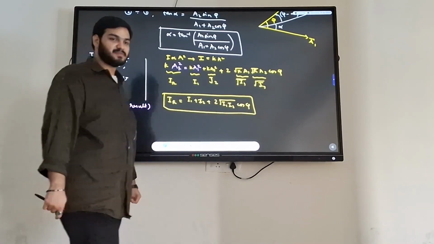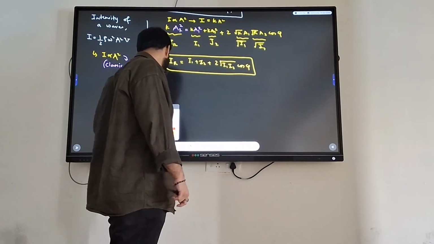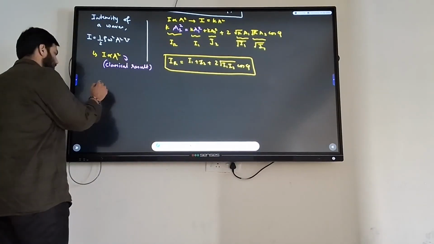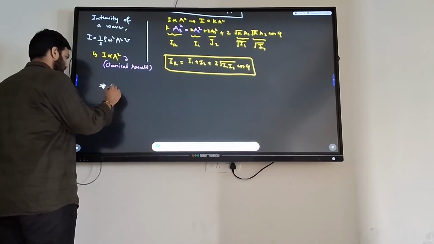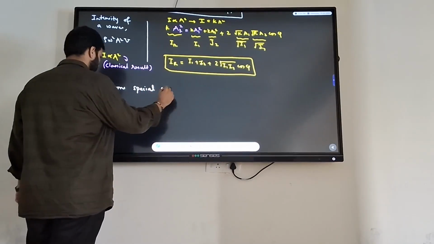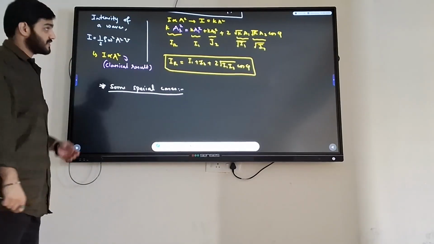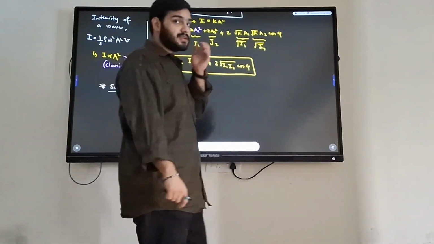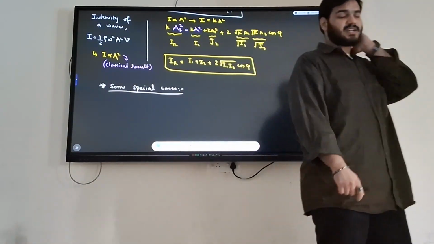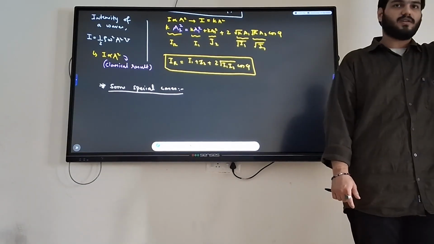Then let's talk about some special cases if it is done. I have done the derivation in general in the sense that I have taken A1 and A2 to be non-equal.